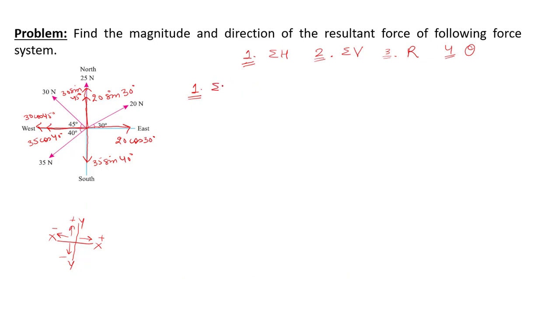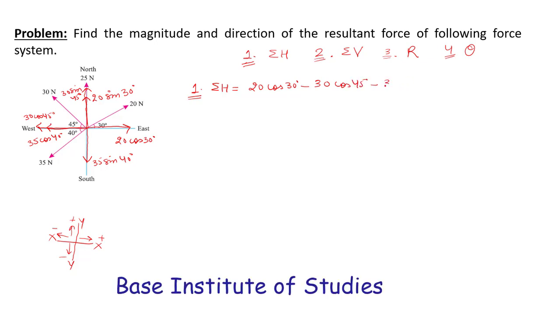So sigma h will be given by, starting from this force, 20 cos 30 degree minus 30 cos 45 degree minus 35 cos 40 degree.